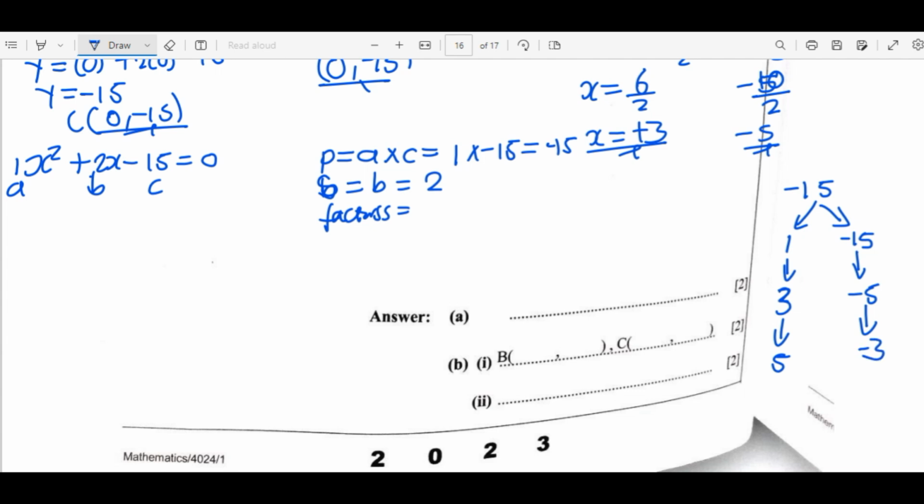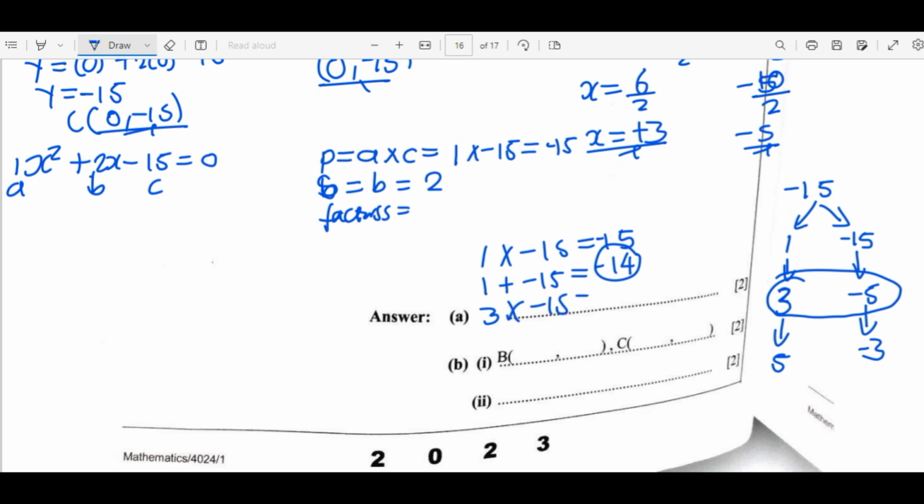So we need to check. Let's try the first one. 1 times negative 15 is negative 15, so we get the product. Then 1 plus negative 15 gives us negative 14, so we can't get the sum. The sum must be 2. Let's try 3 and negative 5. 3 times negative 5 is negative 15, but 3 plus negative 5 gives us negative 2.